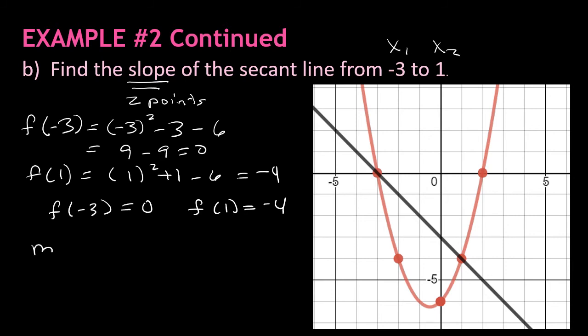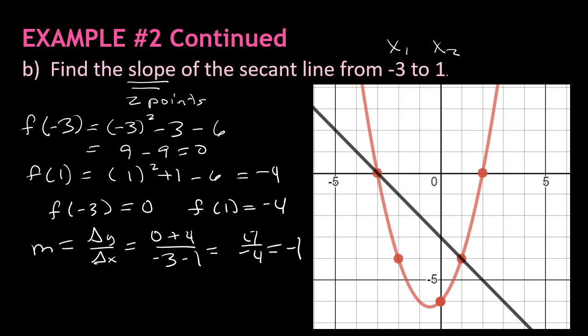The slope of the secant line on the interval from -3 to 1 is going to be the change in y over the change in x, y minus y over x minus x. Oh, I don't know what my debacle is today. That 4 should be a 1. Okay, so now we have -4 over 4, which is -1.